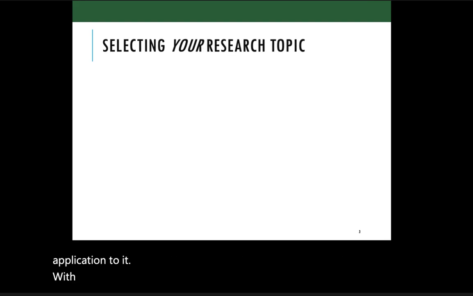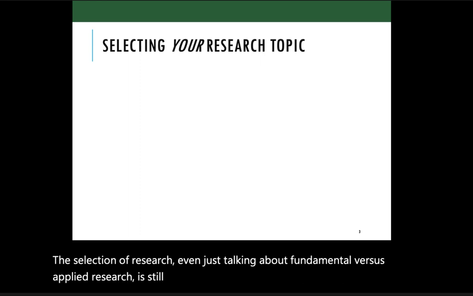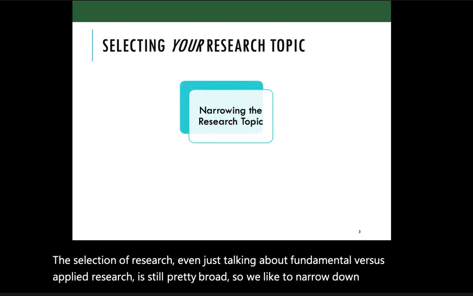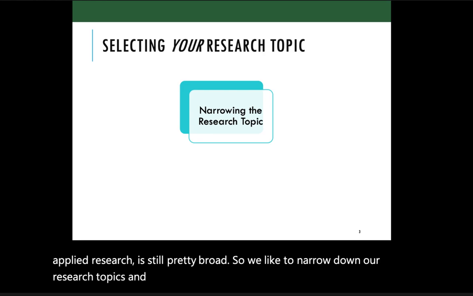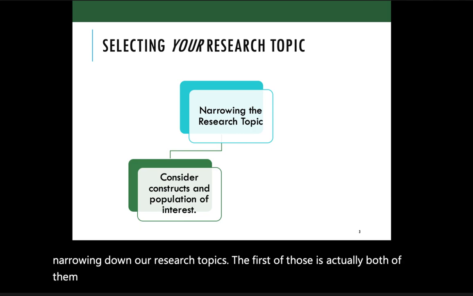Within the selection of research, even just talking about fundamental versus applied research is still pretty broad. So we like to narrow down our research topics, and there are two specific ways that we talk about narrowing down our research topics. They are constructs and populations of interest.